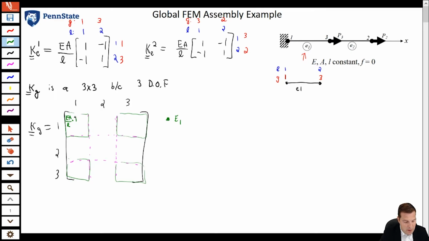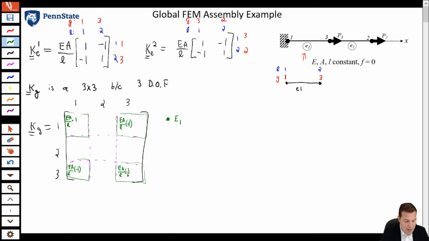Then our row 1, column 3 is going to have EA over L times negative 1. Row 3, column 1 is EA over L times negative 1. And row 3, column 3 is a positive 1, so EA over L times 1.